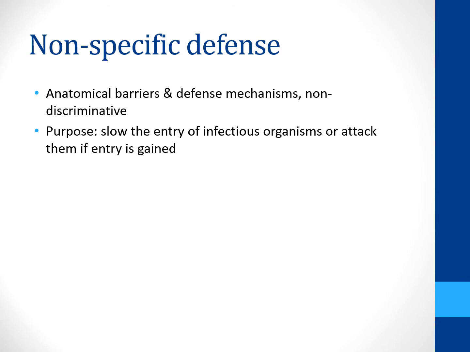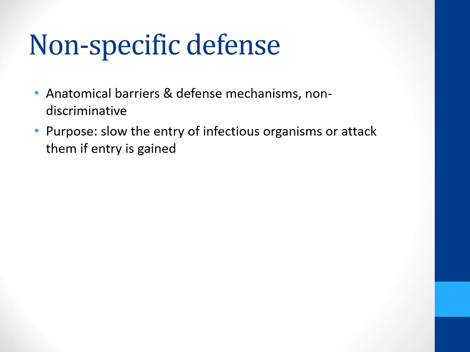Non-specific defenses are anatomical barriers and defense mechanisms that slow the entry of infectious organisms into the body. So these are innate, you are born with them. So they include the skin, which has that keratin layer, desmosomes, a basement membrane. They also include glandular secretions. So you've got sweat and secretions that are secreted out onto the skin to help drain bacteria away from the skin.